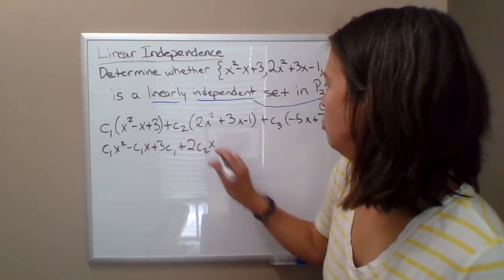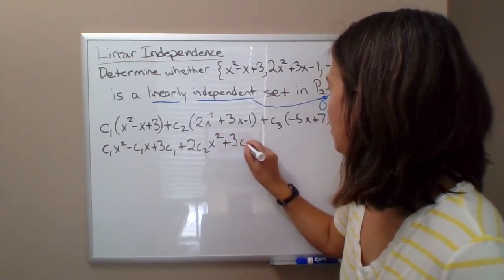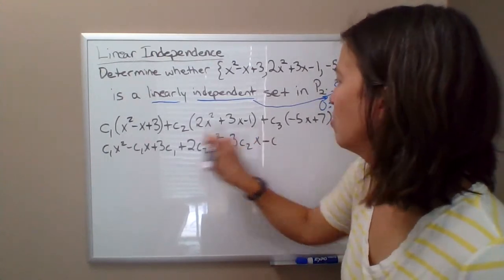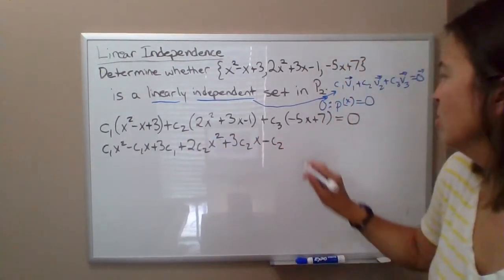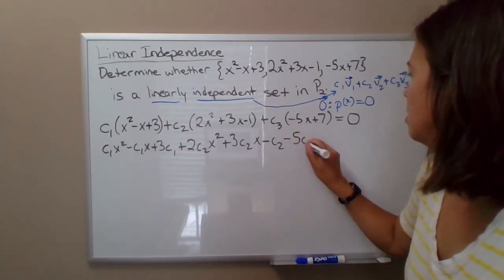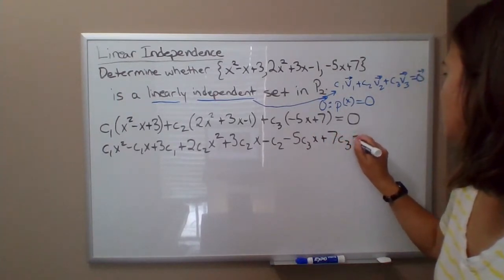So 2C2 times x squared, 3C2 times x, minus 1 times C2, so minus C2. C3 times this, so minus 5C3x plus 7 times C3 equals 0.